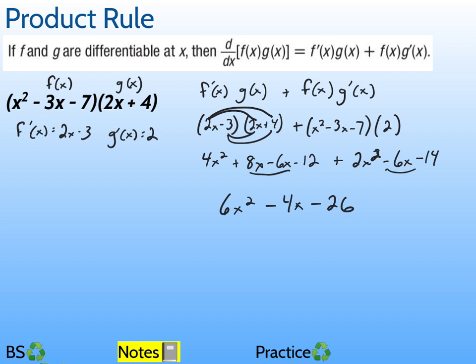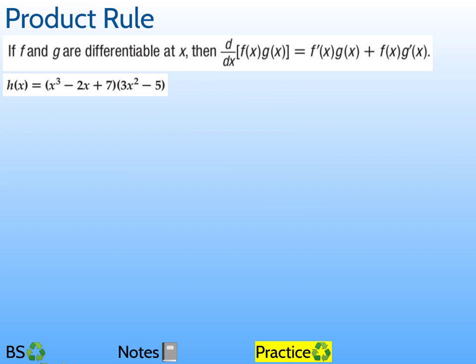When you have to distribute some 3-term, 4-term things, it gets really messy, and the product rule makes things a lot quicker. Alright, now we have to find the derivative of x cubed minus 2x plus 7 all times 3x squared minus 5. So we can start by labeling this as our f of x, this is our g of x, and we can find the derivatives of these.